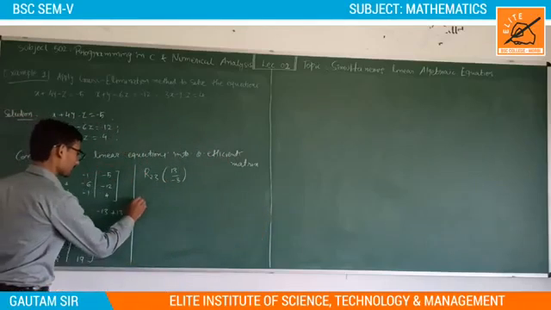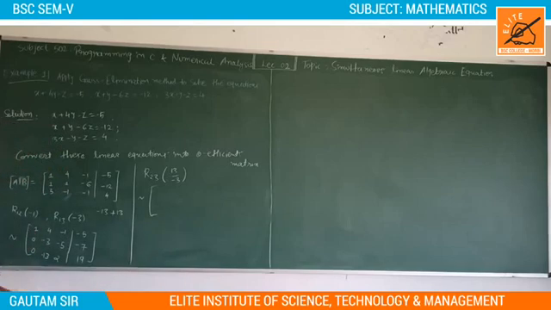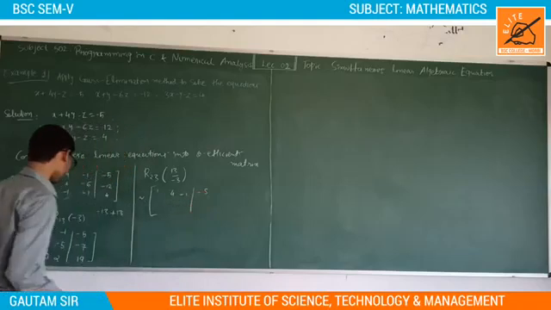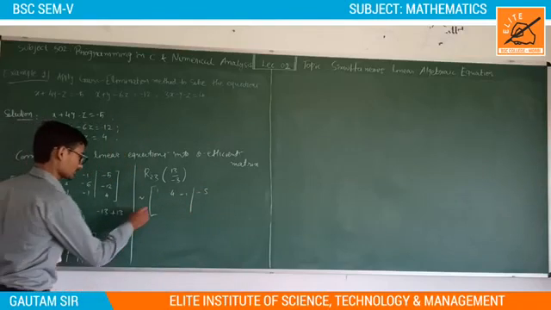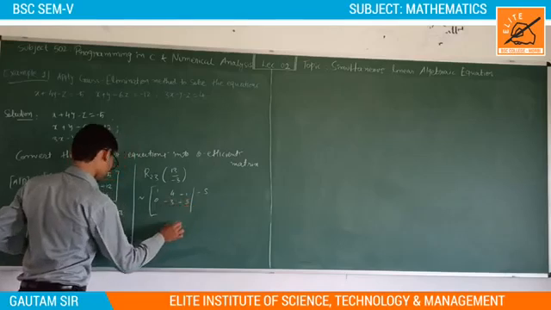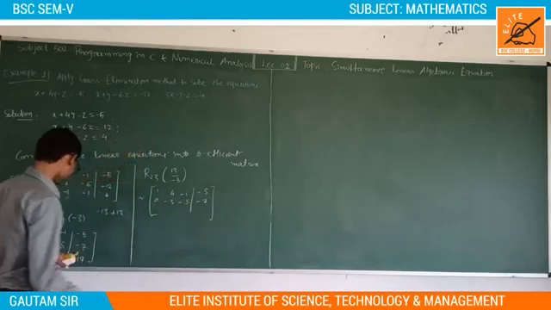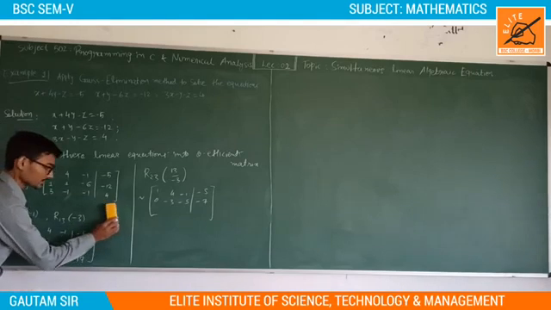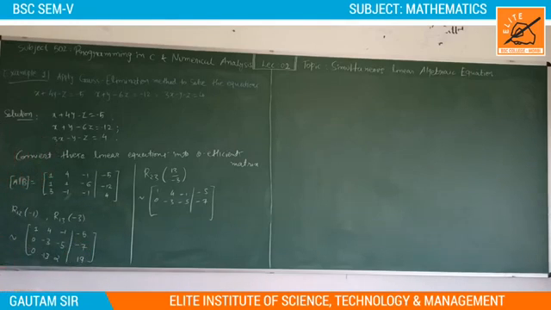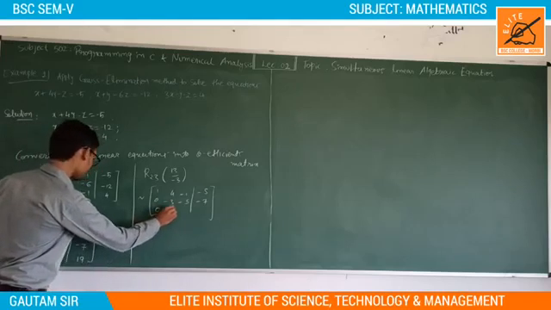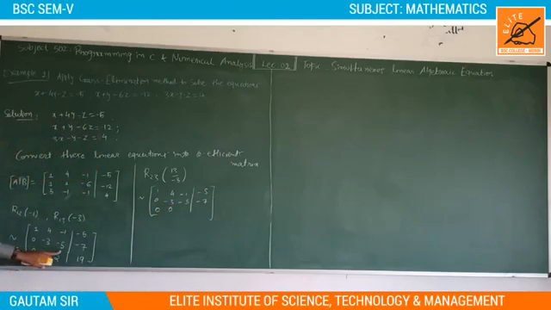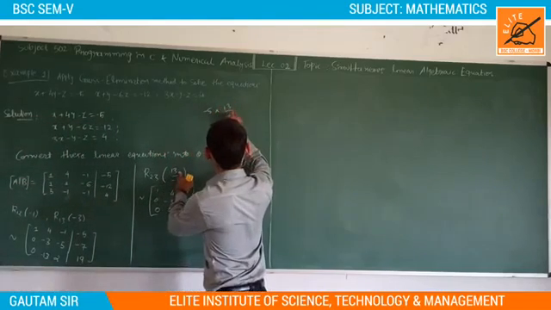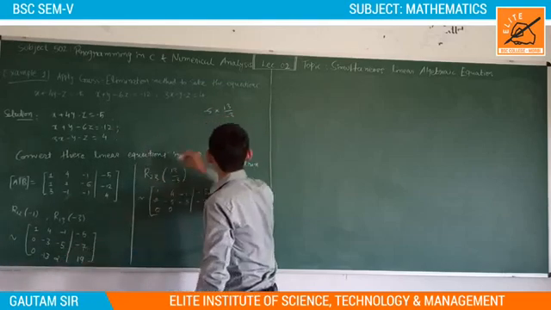Next we get the similar matrix. The first row as it is: 1, 4, minus 1, minus 5. The second row is also as it is: 0, minus 3, minus 5, minus 7. And the 0 stays 0, because 0 multiplied by anything is 0. Minus 5 multiplied by 13 divided by minus 3 and add 2.